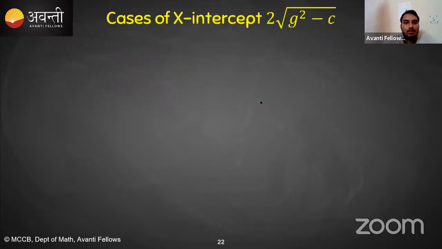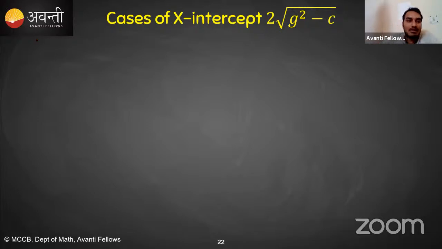So now again, the same way. Whenever we get some quantity inside the square root, three cases are very natural to see. It's the same way when d was there in the quadratic: there were three values, d greater than 0, less than 0, equal to 0. Similarly in the radius also we saw that.